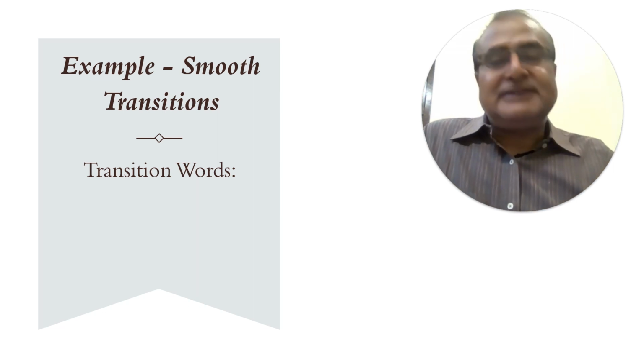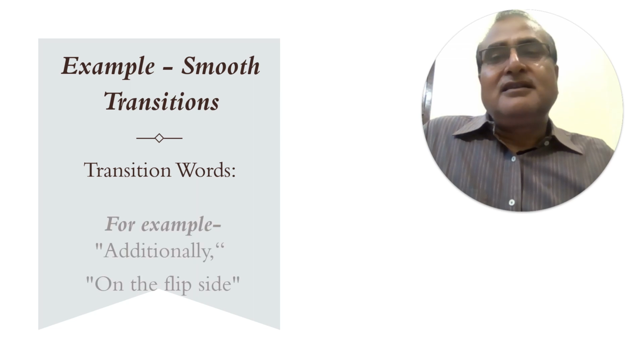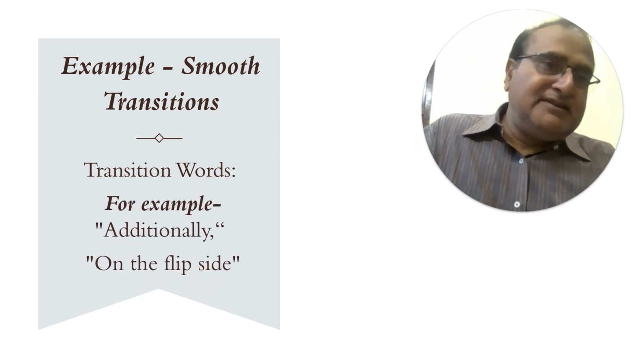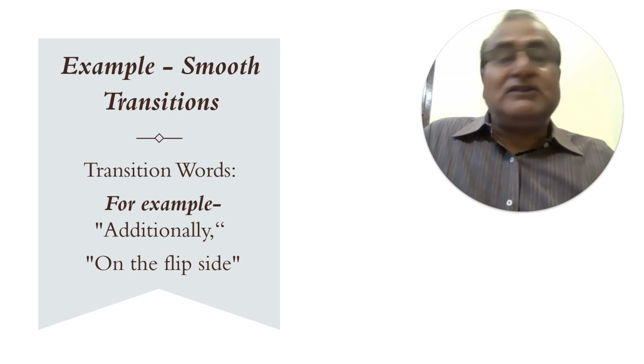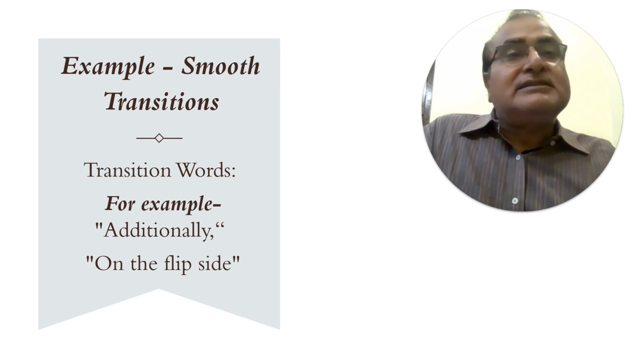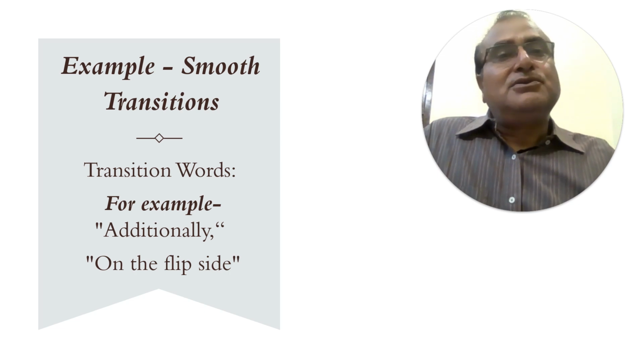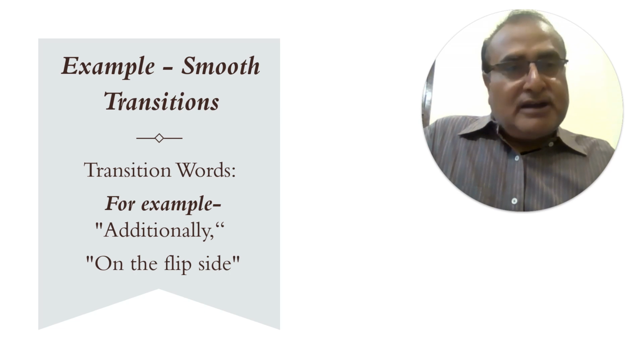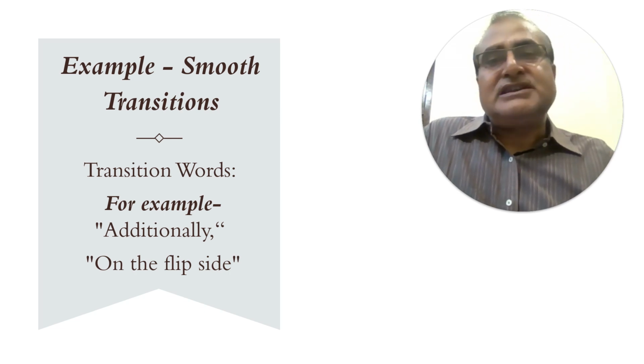Smooth flowing will be there. Example: additionally, in addition to this, as well as, on the flip side. These are certain phrases which may help you a lot while writing your ideas in the form of your sentences.